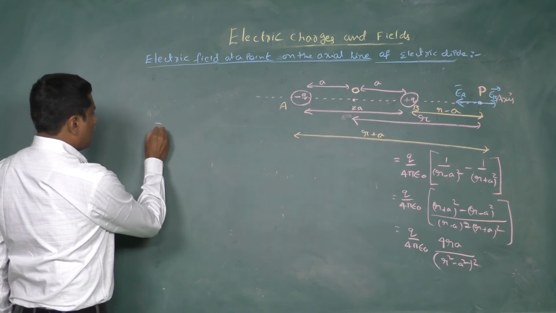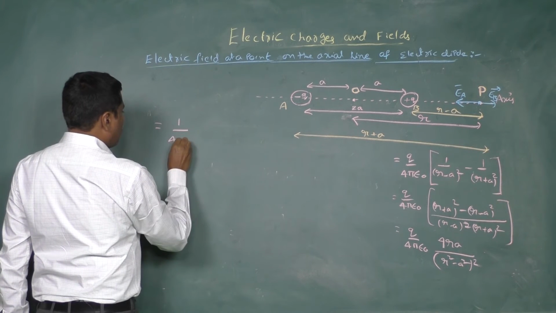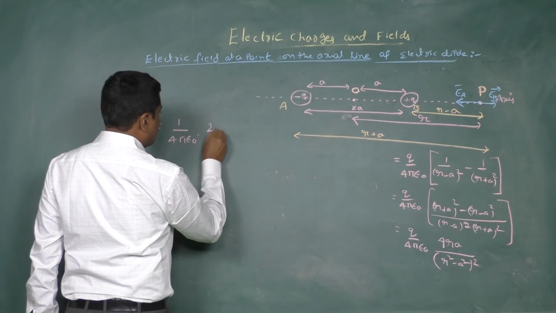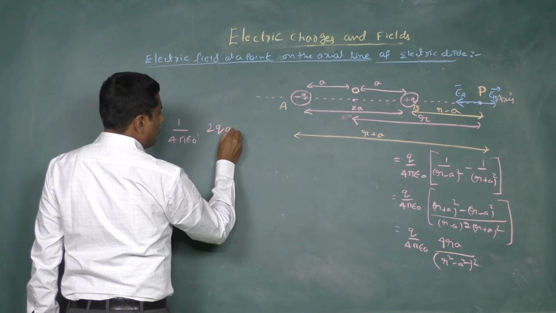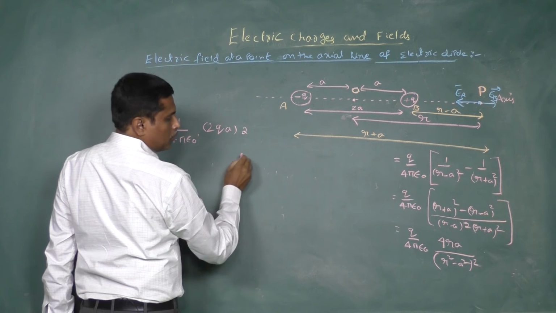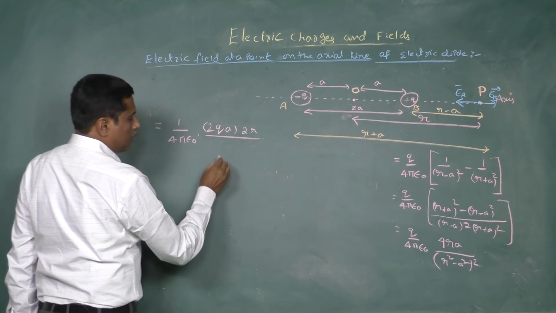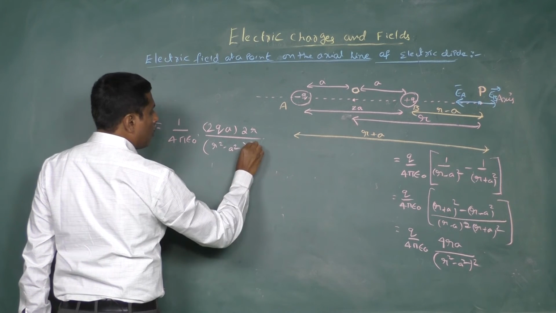So here you can write that is equal to 1 by 4 pi epsilon naught into 2 into Q into A into 2 into R by (R square minus A square) whole square.